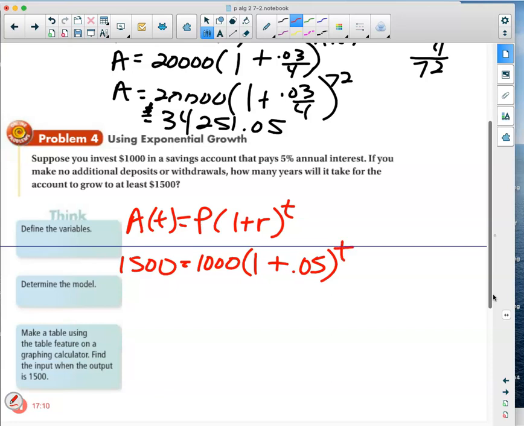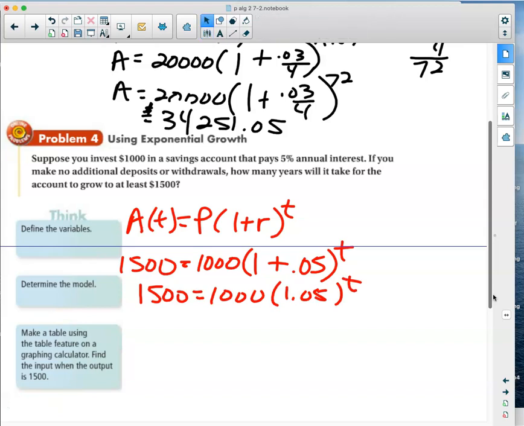And we don't know T, but we do know a dollar plus a nickel is going to be $1.05. And we're in the same situation we were in yesterday. We can't solve this without knowing logarithms. So we're going to turn this over to Blinky and let Blinky help us out with this.